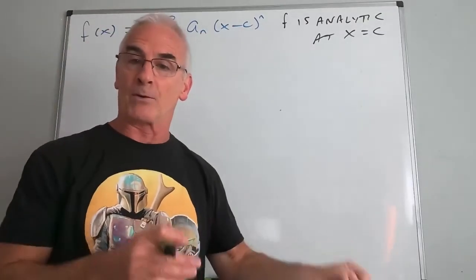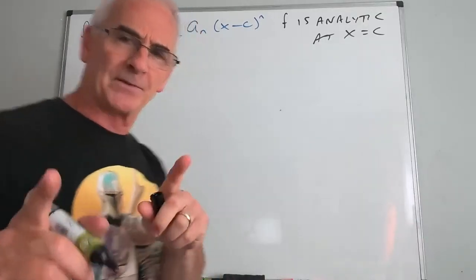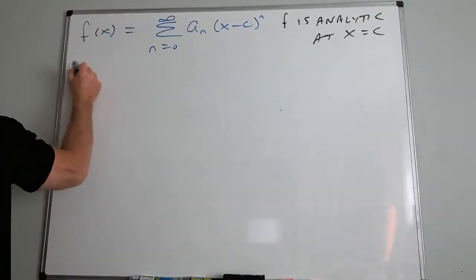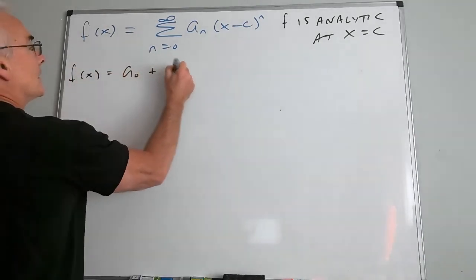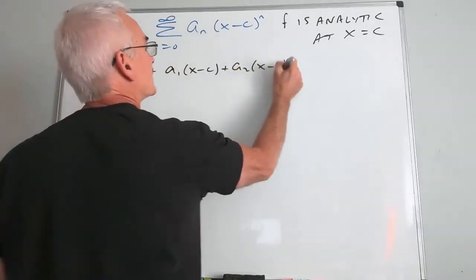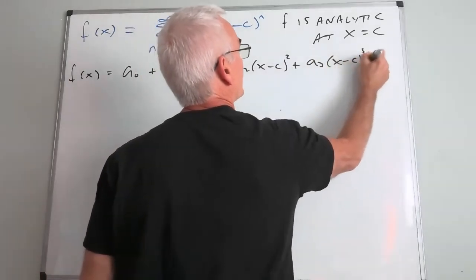We're going to write the power series, and then we're going to expand it and mess around with the derivatives. So consider, first of all, if I expand this power series, let me write the first few terms. Then I'll have a0 plus a1 (x minus c) plus a2 (x minus c) squared plus a3 (x minus c) cubed plus forever and ever.